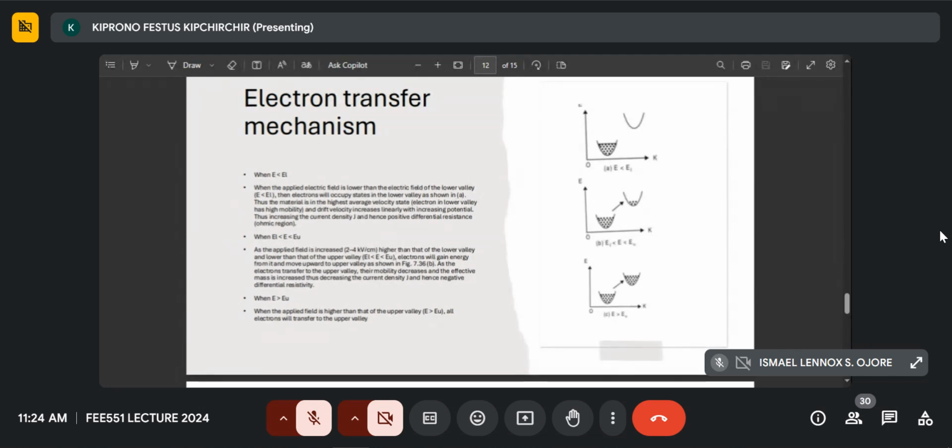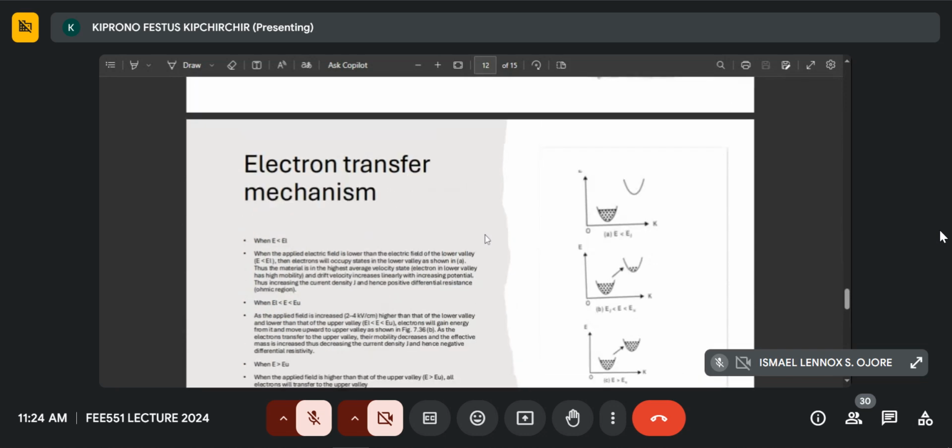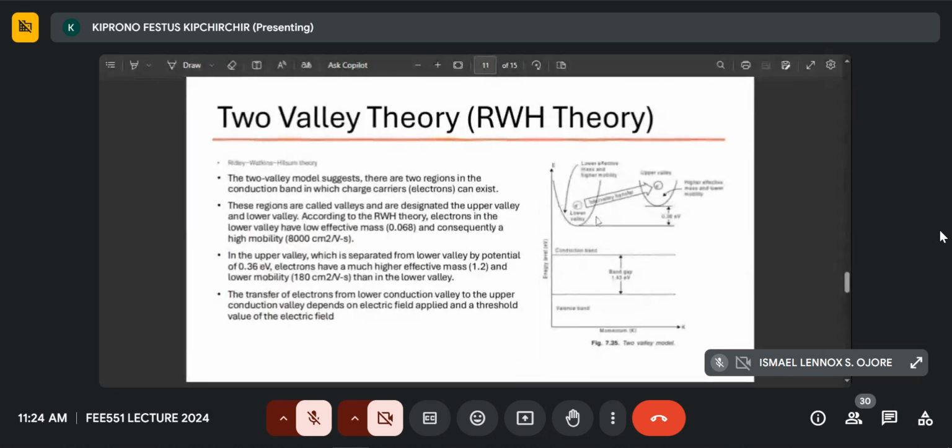Generally, how the electron transfer mechanism operates is when a strong electric field is applied at the lower valley, electrons in the lower valley gain energy. Once the electric field threshold that I was telling you about is reached, the electrons acquire enough energy to propel them to the upper valley.